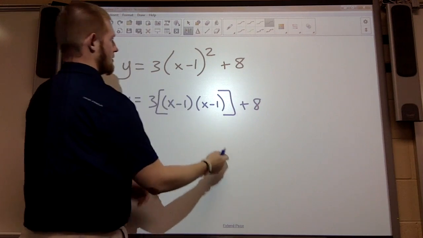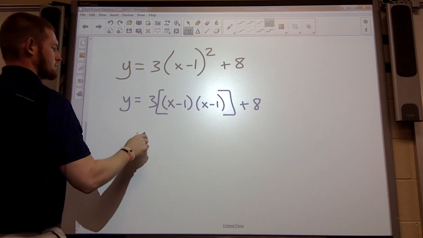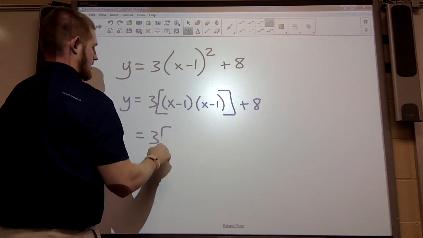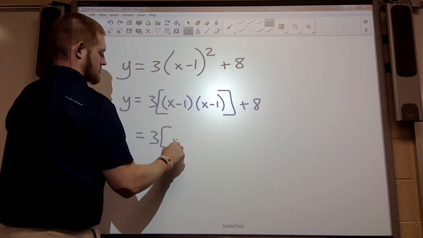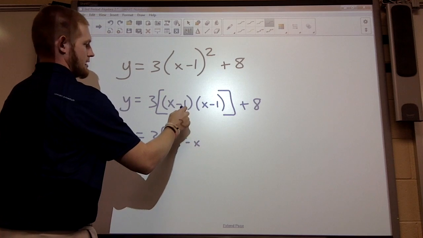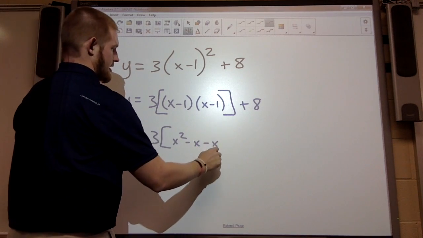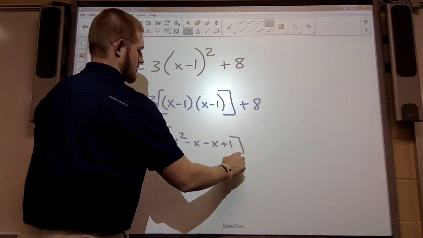plus 8. Notice, x minus 1 squared. I'm multiplying them together. So I have 3 times, now we FOIL again. X times x is x squared. X times negative 1 is negative x. Negative 1 times x is negative x. Negative 1 times negative 1 is a positive 1.